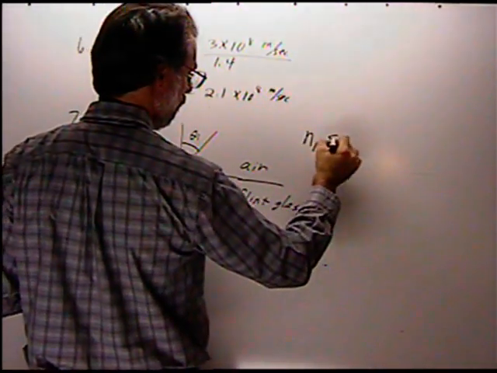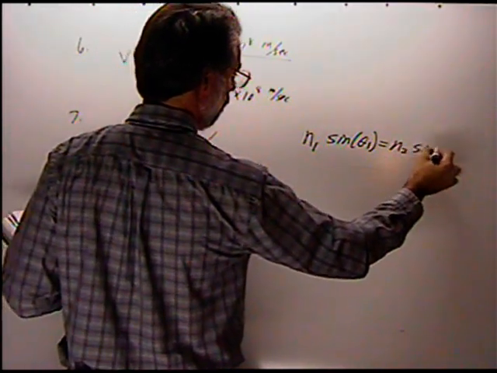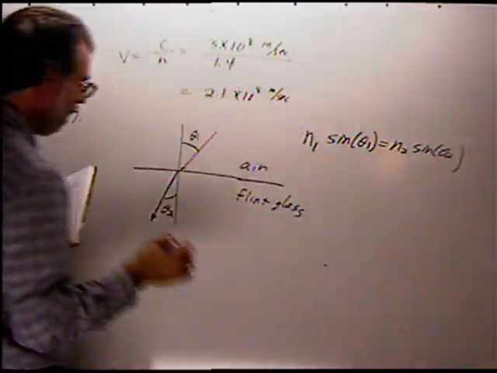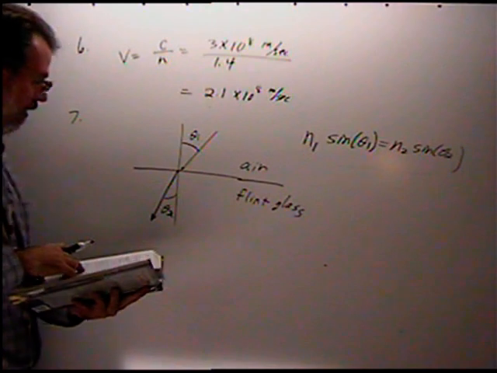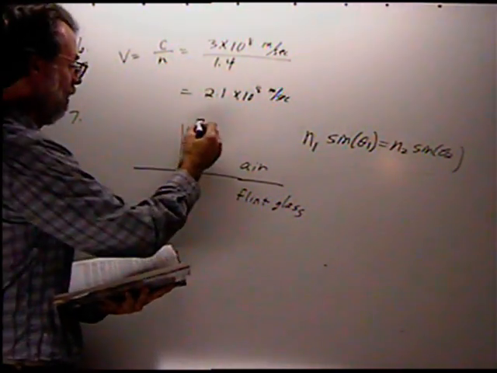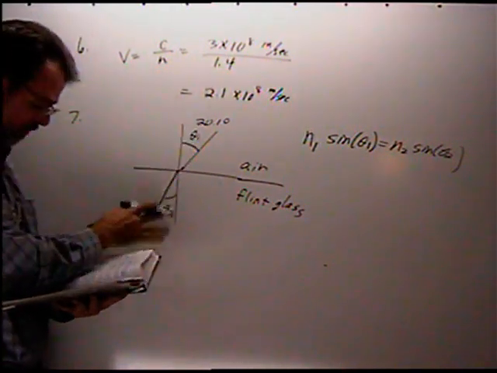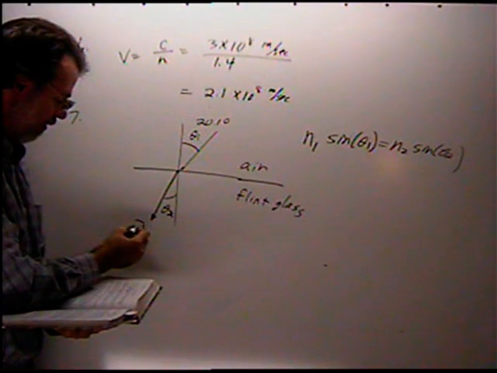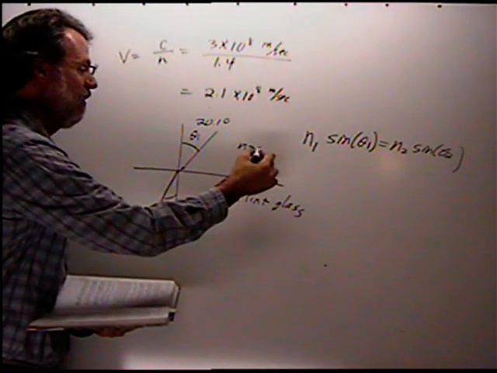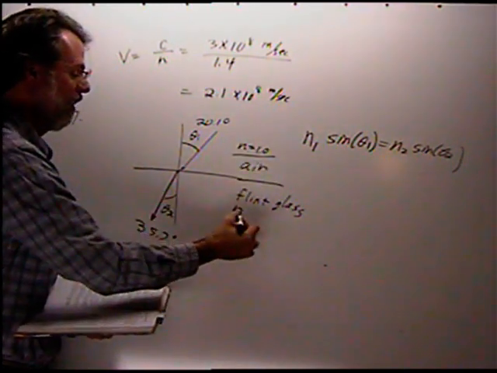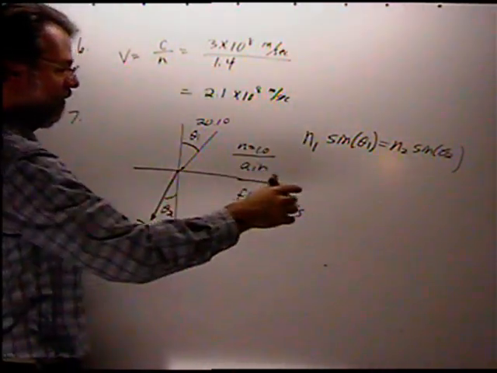Okay, so N1 times sine of theta 1 equals N2 sine of theta 2. Okay, so we know that this is 20.1 degrees, so we do an experiment. We measure this angle and we measure this angle. Theta 2 is 35.7 degrees. We know what the index of refraction of air is, 1. So what's the index of refraction here? That's the question. Well, we simply plug everything in.